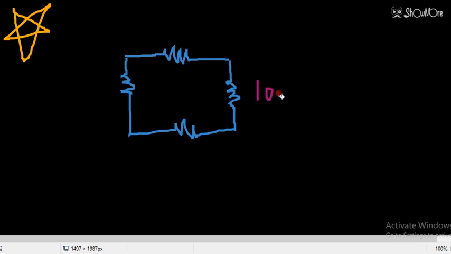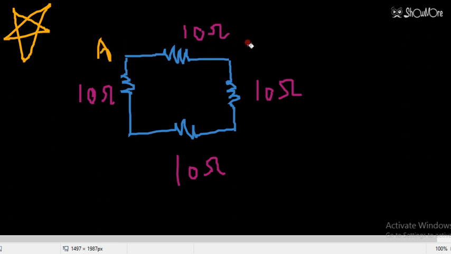All resistances have the value of 10 ohm. So 4 points are there, A, B, C, D. This is point A, this is point B, this is point C, and this is point D.